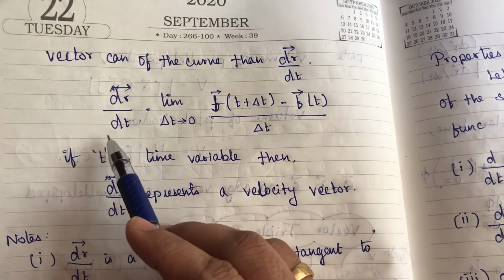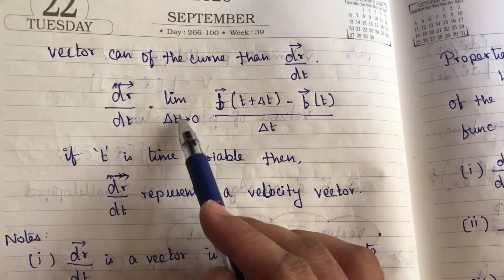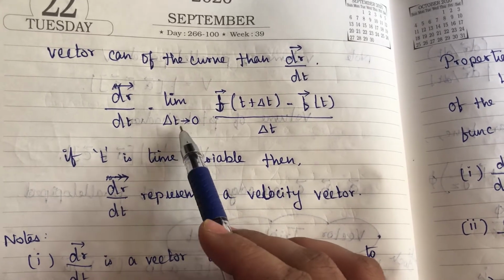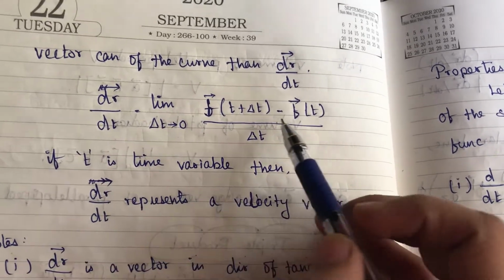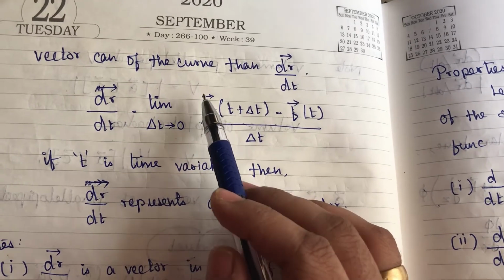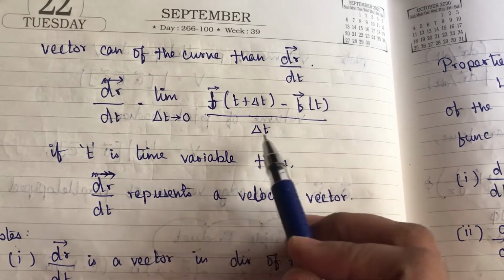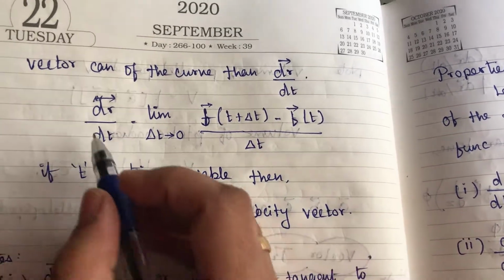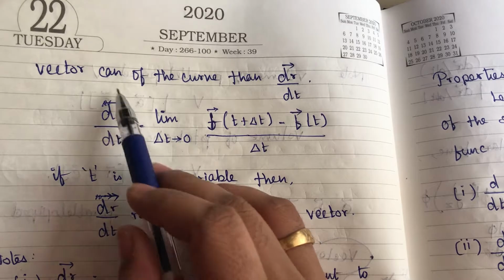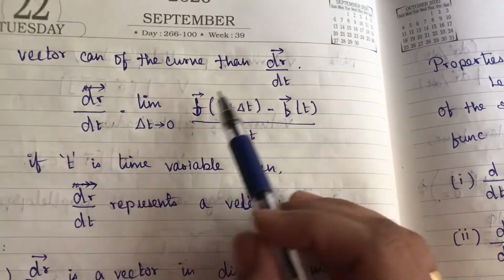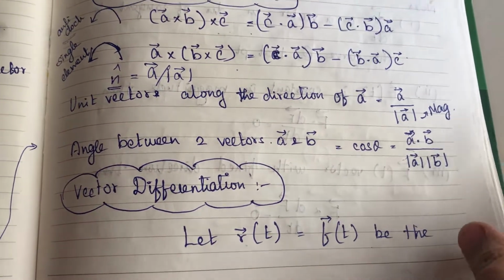So dr by dt is equal to the limit as del t, which is the change in time, tends to 0, of f vector of t plus del t minus f vector of t, by del t. The question is in terms of r, but I am writing it in terms of f, because r vector is equal to f vector.